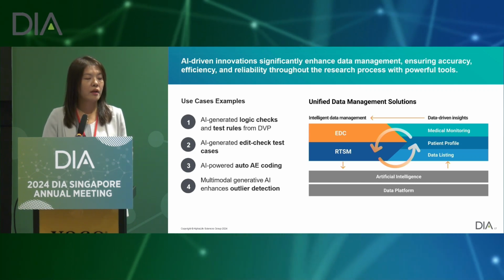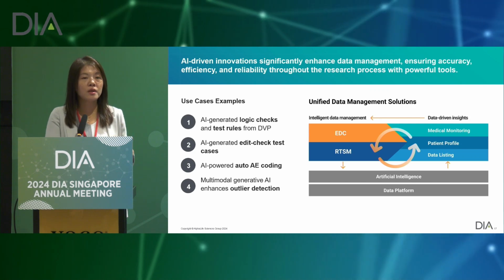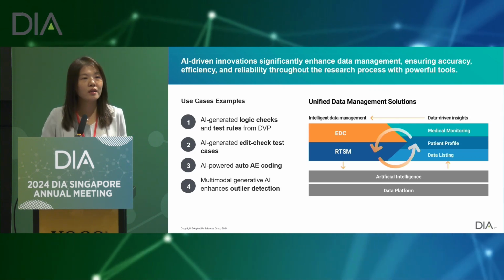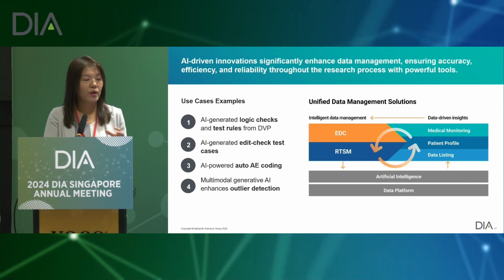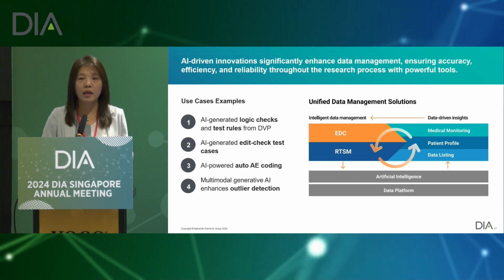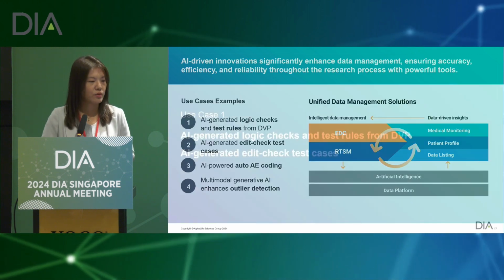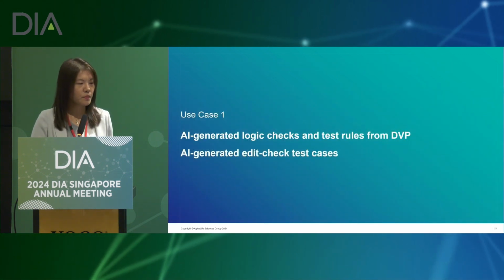And more importantly, when data comes in from the dynamic ecosystem, we need the AI to identify the outliers and provide better insight based on these analyses. So I'm going to be sharing with you some of these aspects.